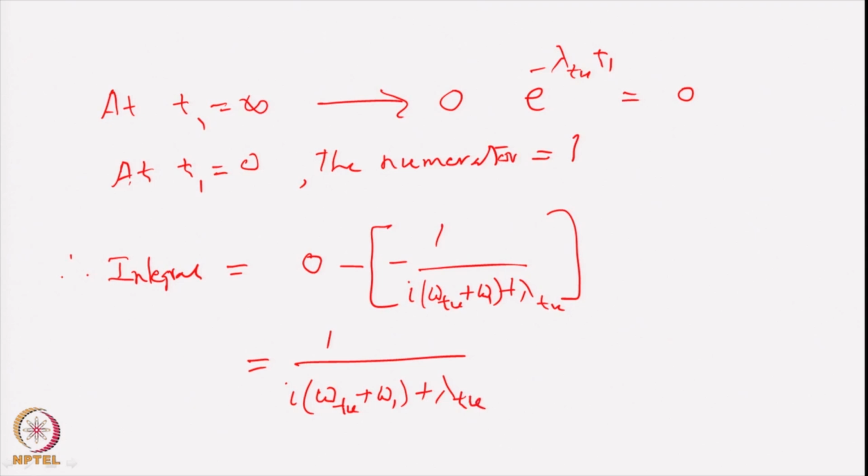So, this is the calculation of the integral, and subsequently of course you can multiply the numerator as well as the denominator by lambda Tu minus i omega Tu plus omega 1. Then you get rid of the i part, and you will get an expression in two different terms as indicated here.